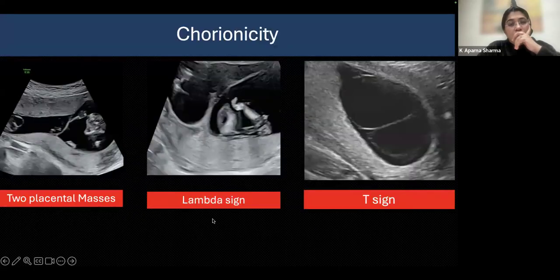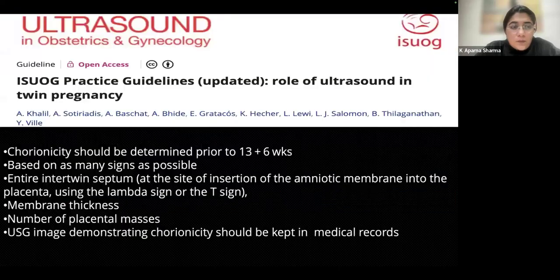When we are doing a TVS, we will not get a T sign. Rather, we will get a lambda sign, but the lambda will be black. Black means empty, where there is no chorion entering between the amnions, and white lambda means there is intervening chorion between two amnions. So white lambda and black lambda is how we differentiate monochorionic and dichorionic pregnancies during early pregnancy scans.